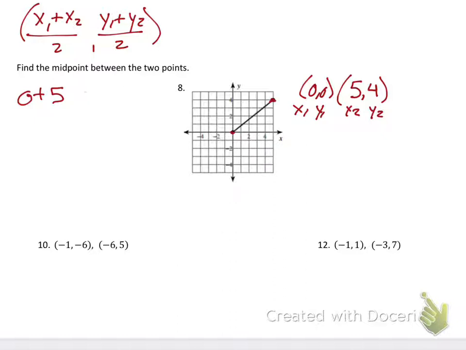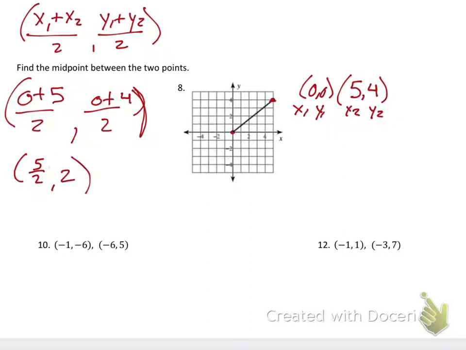So 0 plus 5 over 2 is for my x, and then 0 plus 4 over 2 is for my y. Then I'll simplify, so it'll be 5 over 2, and then 0 plus 4 is 4, divided by 2 is 2. And that would be for number 8. You could also do 2.5, 2. Either one of these works.